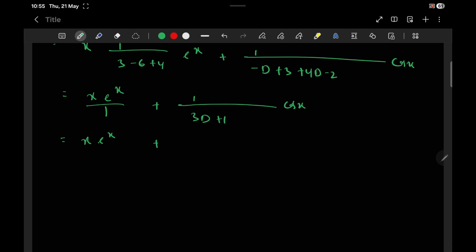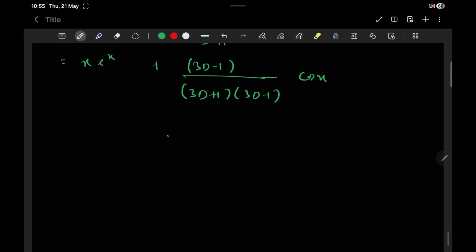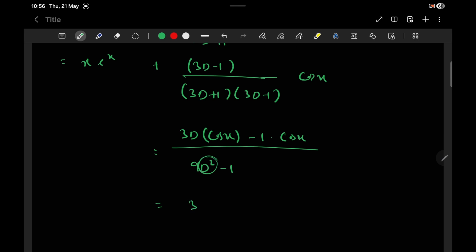So multiply 3d minus 1 on numerator and denominator, right? Then it becomes 3d into cos x minus 1 into cos x divided by 9d square minus 1, right? And also the d square now goes to minus 1, so 3d cos x minus cos x divided by 9 into minus 1 minus 1.